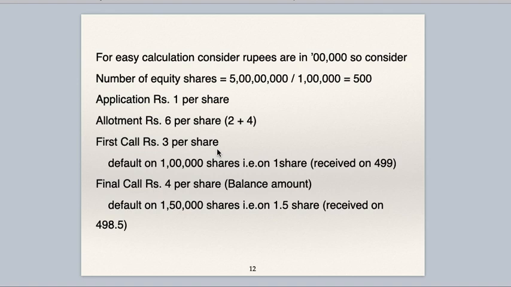Now next is final call due. 500 into 4 is due, but they have received only on 498.5 shares. 498.5 multiplied by 4 they have received. On 1.5 shares into 4 they have not received, which is in arrears. That you have to show.